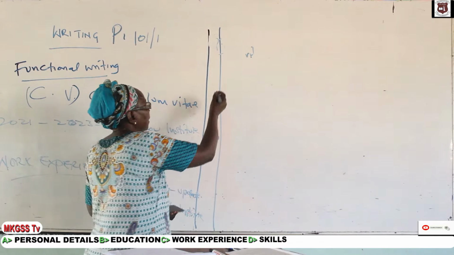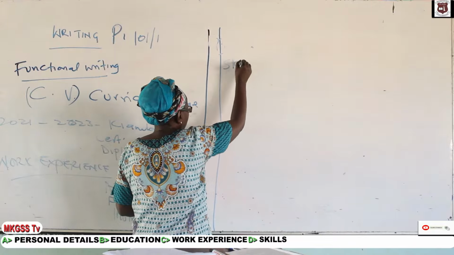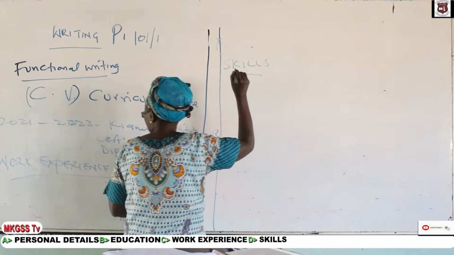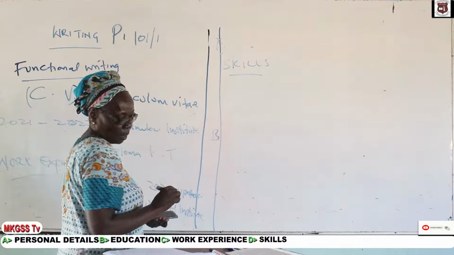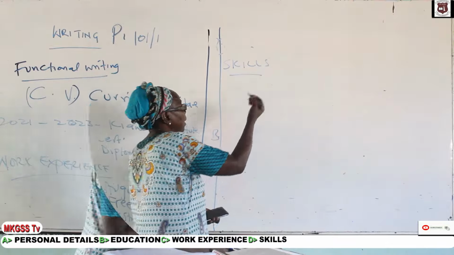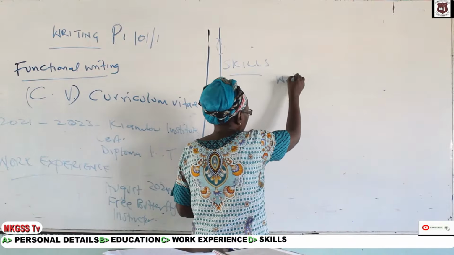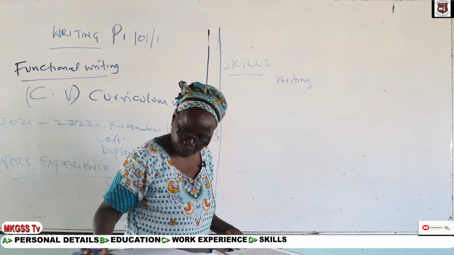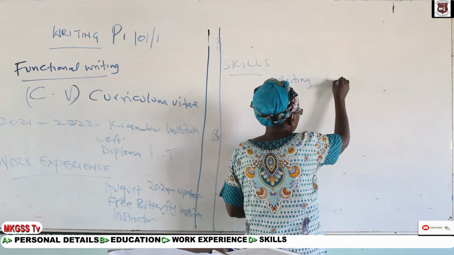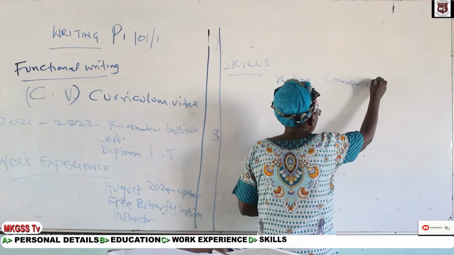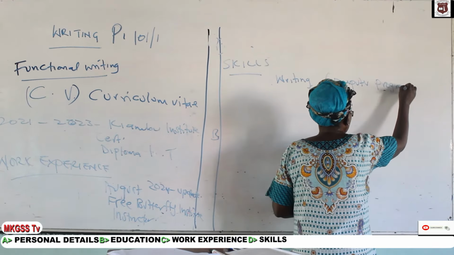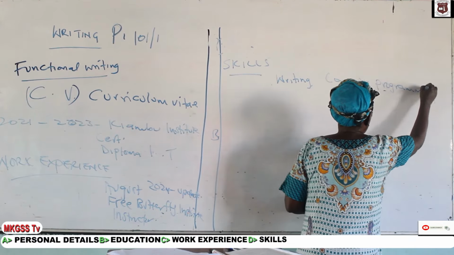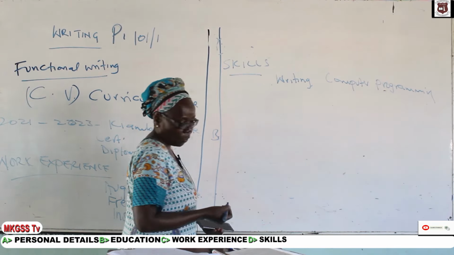So you write there, skills. So what are your skills? Maybe you can write. So writing, computer programming, and so on and so forth.